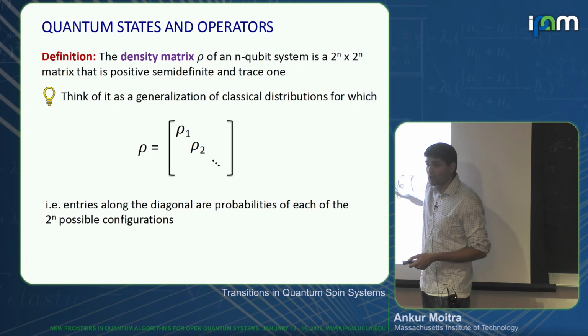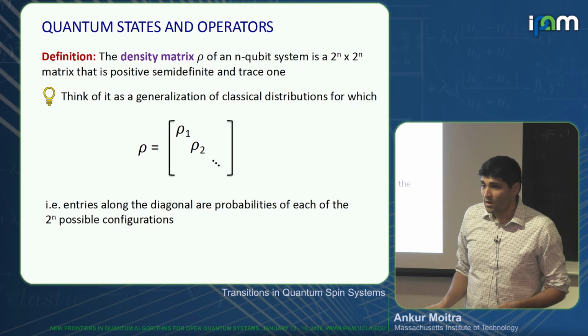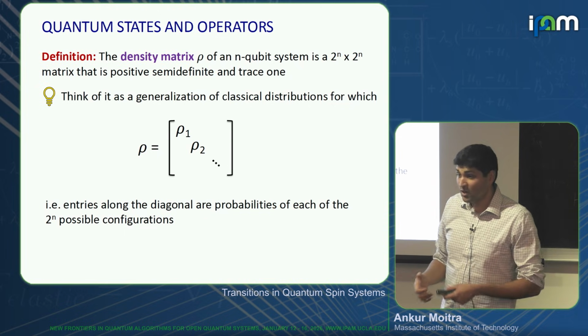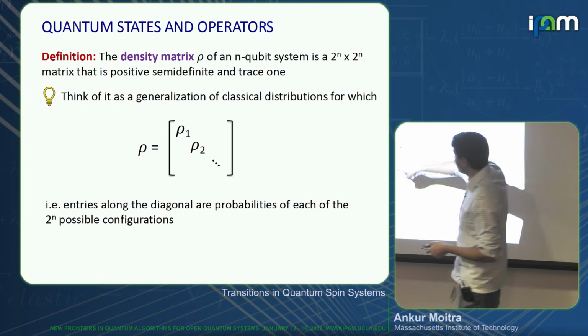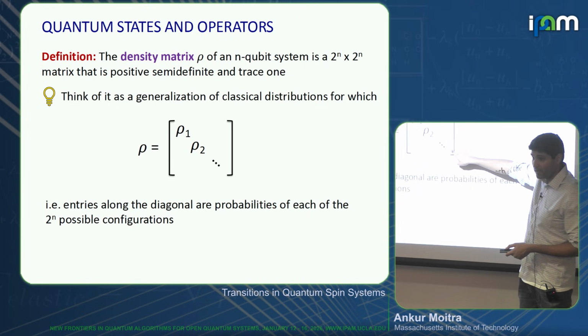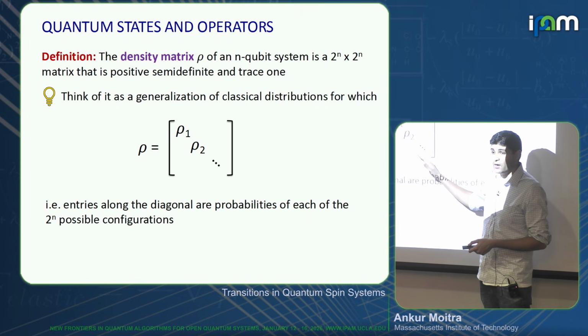But I add this further restriction that not only does it satisfy those properties, but it's also diagonal. In that case, if it's positive semi-definite, diagonal, and its trace is 1, then I have no choice but that all of the values along the diagonal are non-negative, and they also sum to 1. So this is our distribution sitting right there.